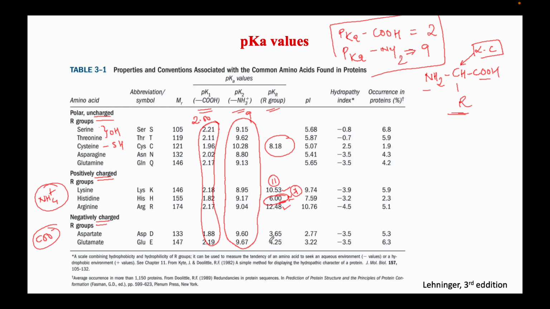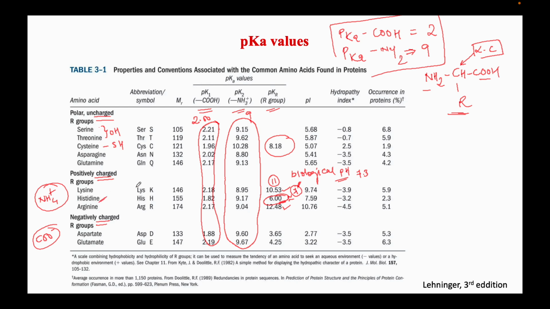When histidine is in a protein, its pKa goes from 6 to 7, and this 7 is very important because it matches our biological pH. Inside the cell we have a pH around 7.3 or so, so it is approximately matching our biological pH. So you can remember histidine.